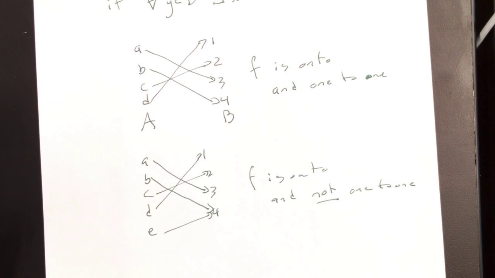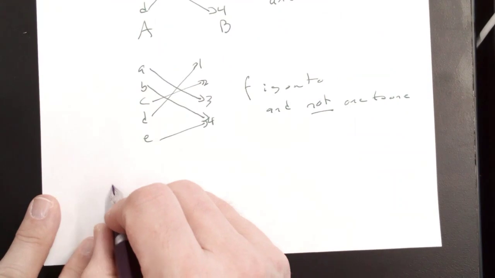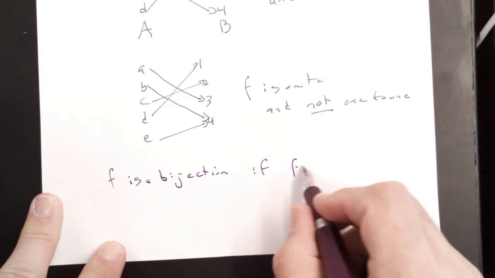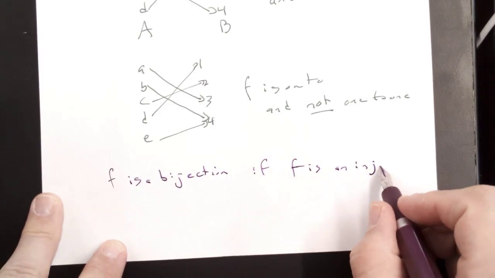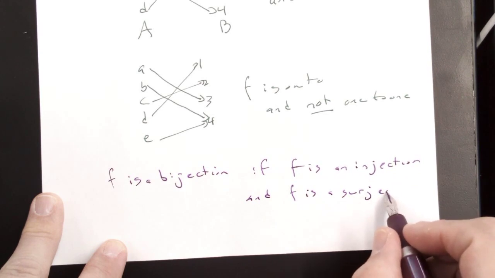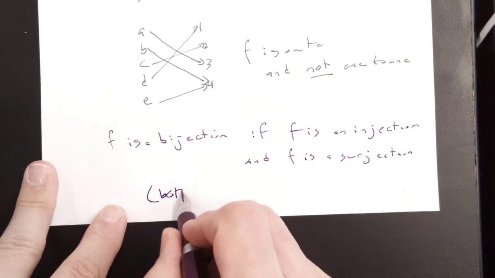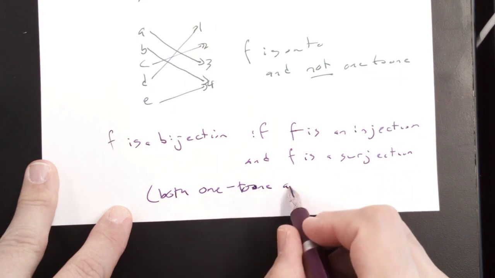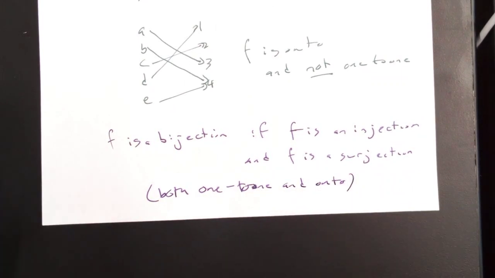If I have both conditions, an injection and a surjection, I'm going to call it a bijection. Functions that are both one-to-one and onto.